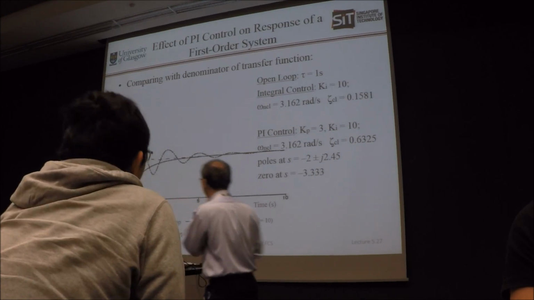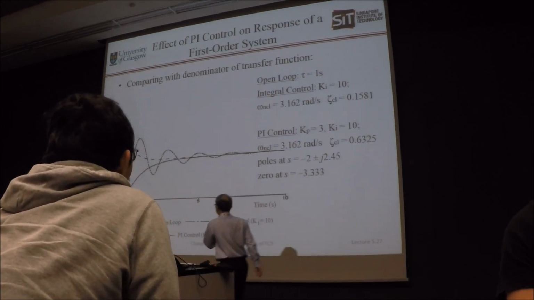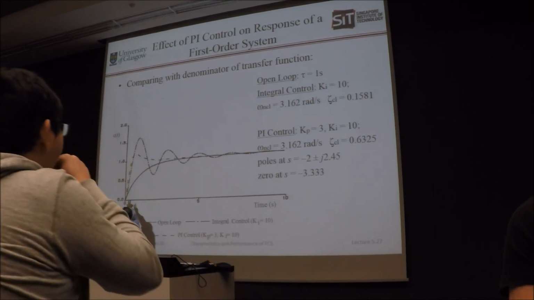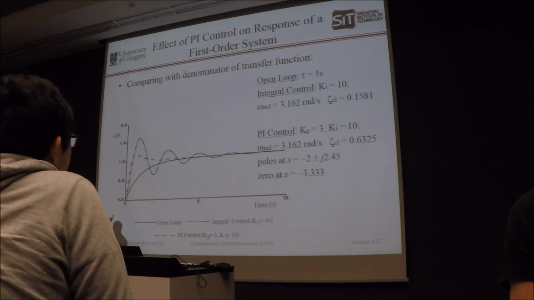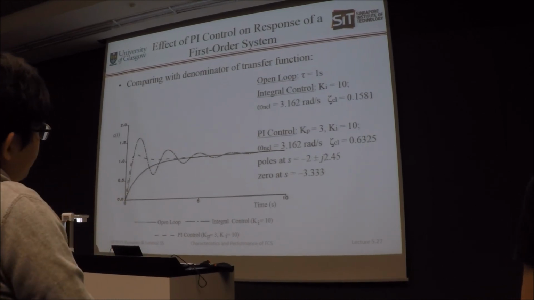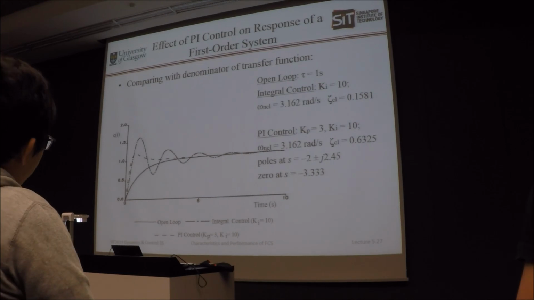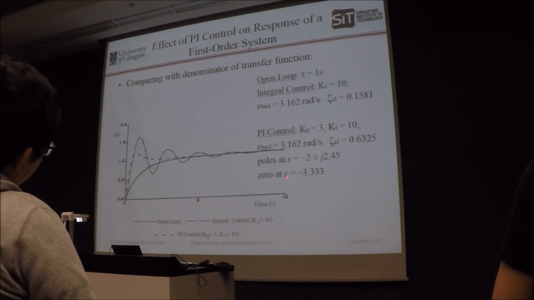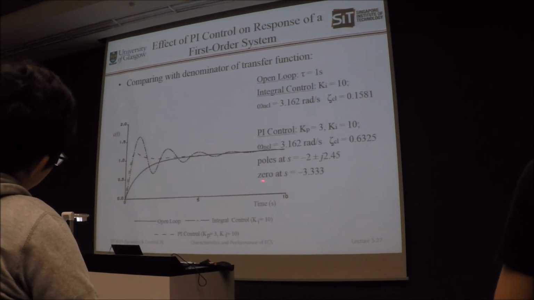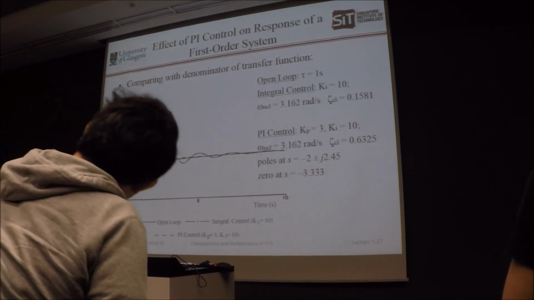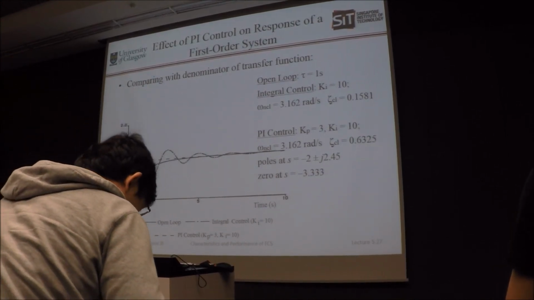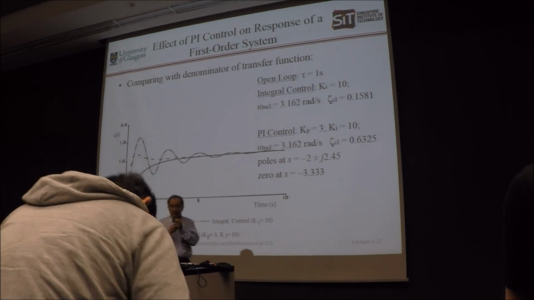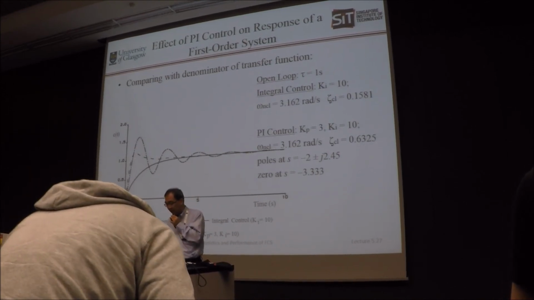If you compare these two, you can see very clearly that the system with the damping of 0.63 actually responded faster. And why is that? Because you have the zero, which is near your jω axis. That's why we are seeing such a fast response.